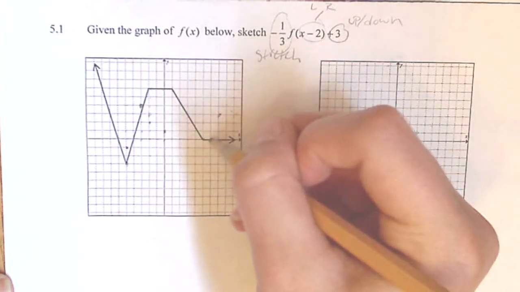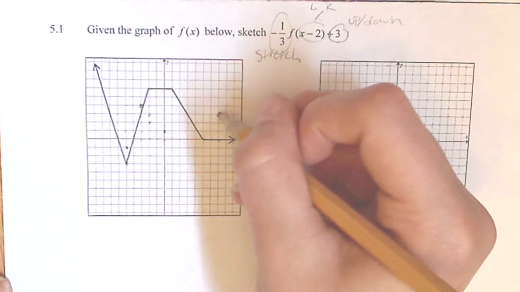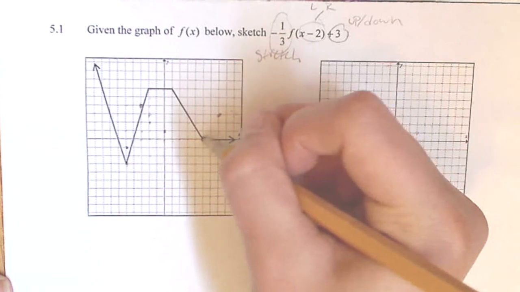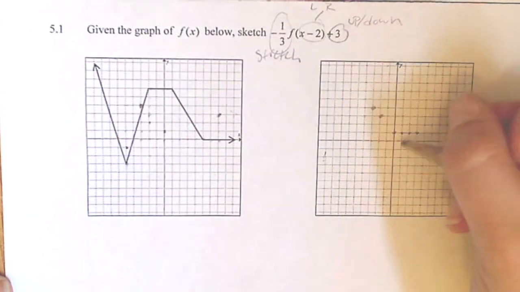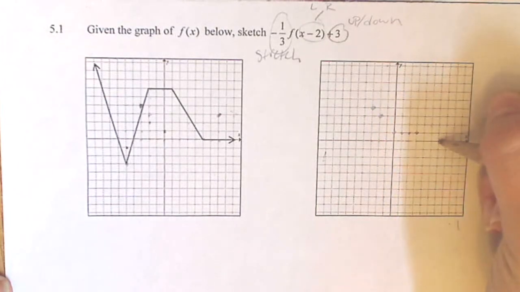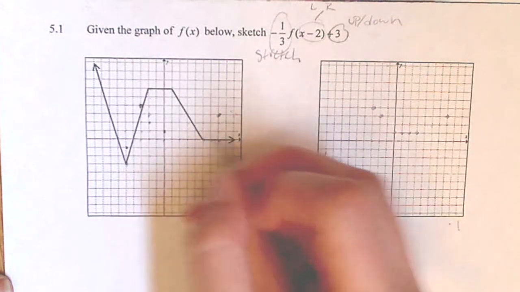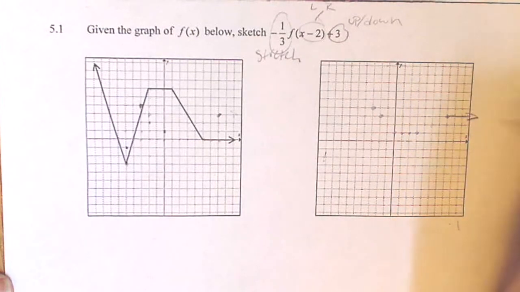So we're going to go to the right 1, 2, and up 1, 2, 3. So you count on this graph, you go 1, 2, 3, 4, 5, 6, 7, up 1, 2, 3. And since this is the straightaway, we're going to go straight away that way. You always draw the arrow.